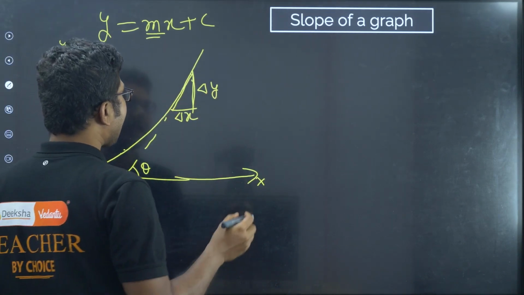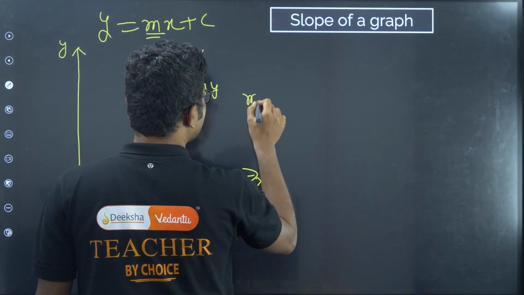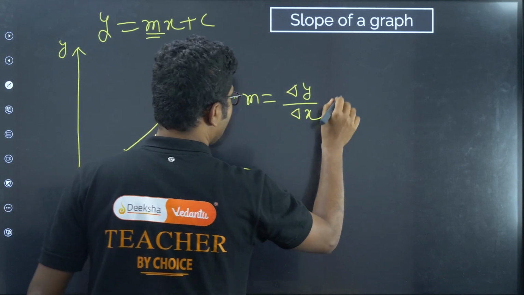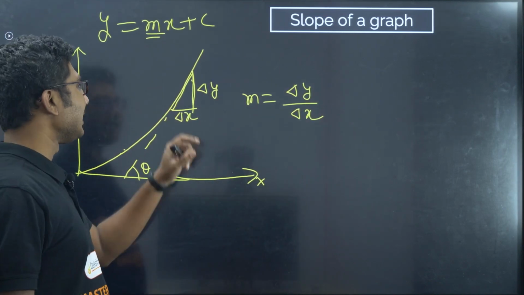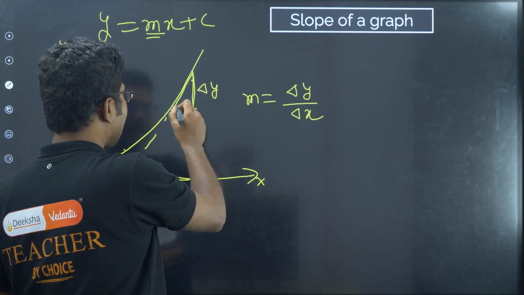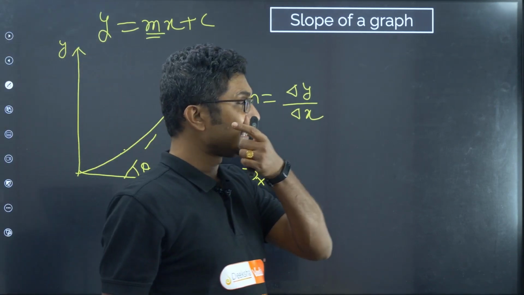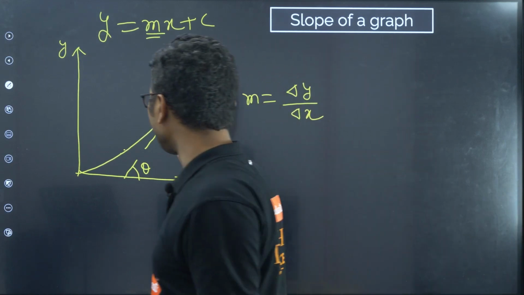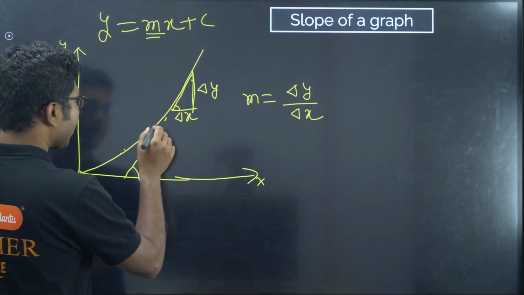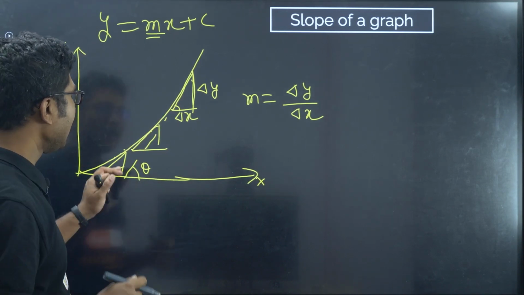Then we can write that the slope at this point is given by delta y by delta x. Simple. Why? Because tan theta is perpendicular by base, right. If this angle is theta, this angle will also be theta. So we can write perpendicular by base as the slope, and it is for different points. For each point we can calculate the slope.